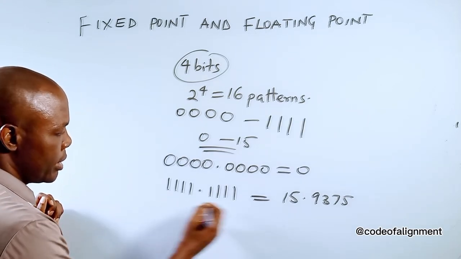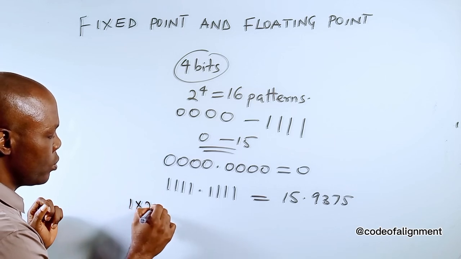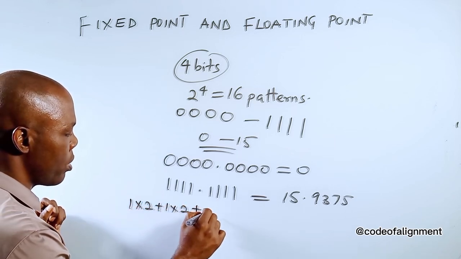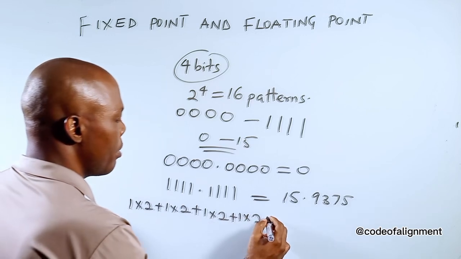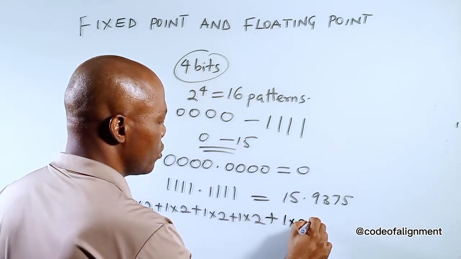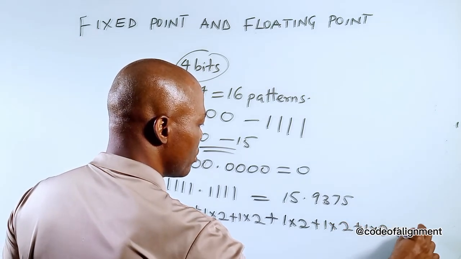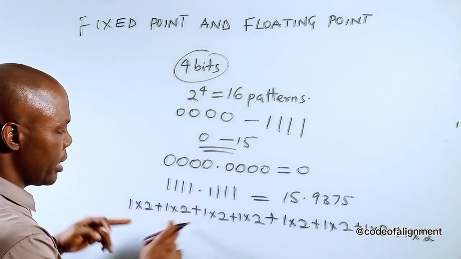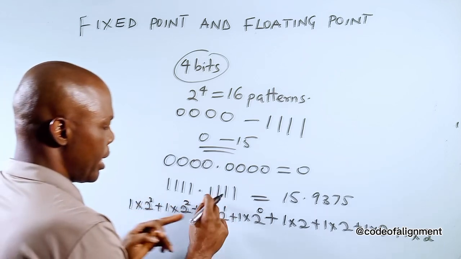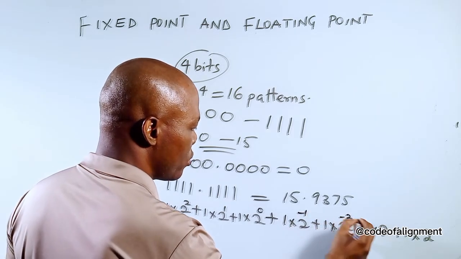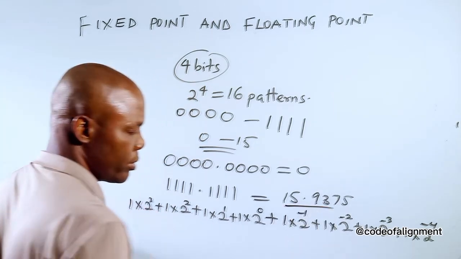That is 1 times 2 to the power 3 plus 1 times 2 to the power 2 plus 1 times 2 to the power 1 plus 1 times 2 to the power 0, plus on this side 1 times 2 to the power minus 1, minus 2, minus 3, and minus 4. With the radix point here, the exponents are 0, 1, 2, 3 on the left, then minus 1, minus 2, minus 3, and minus 4 on the right. If you do the conversion, this is what you are going to get.